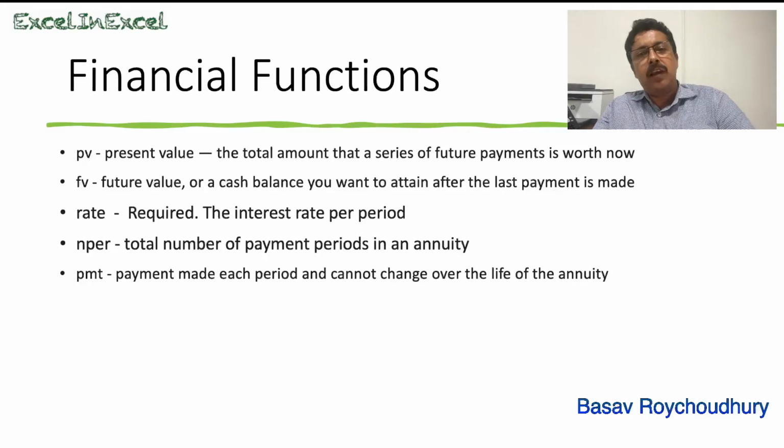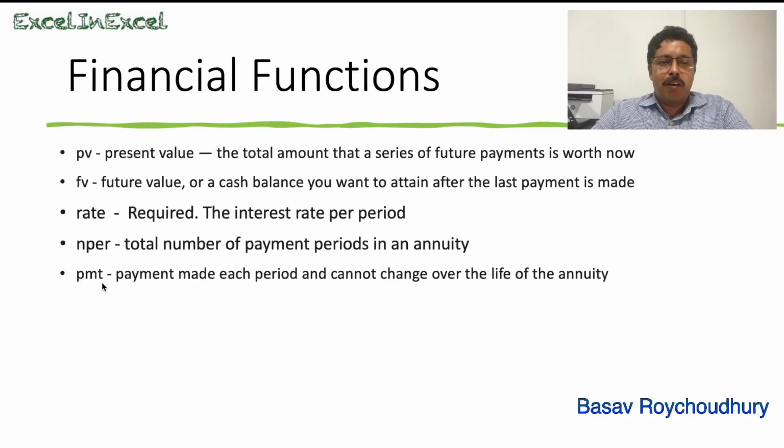So if I take a loan of, let's say, 1 lakh, and if I'm paying an EMI of 1000 per month for 5 years, then PMT is this 1000, and this should be the same for the 5 years. That means every month for 5 years I'm paying 1000 back. Of course, that will not repay my loan of 1 lakh, but that's a different issue.